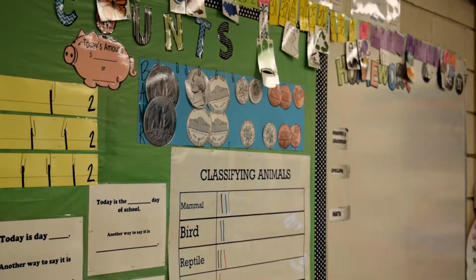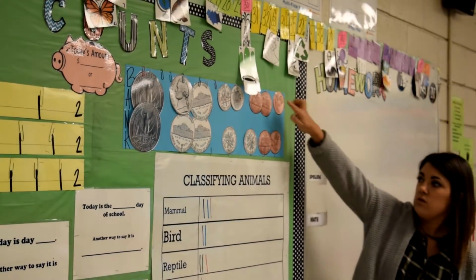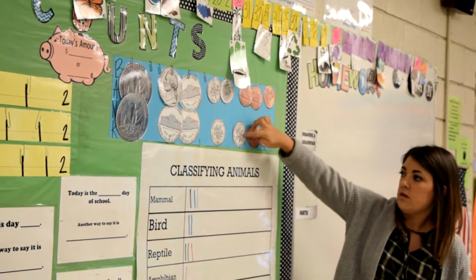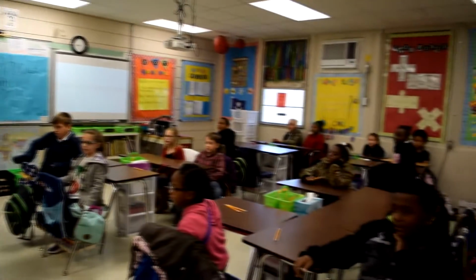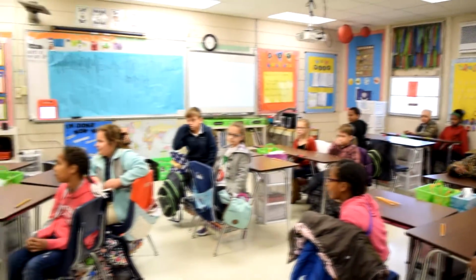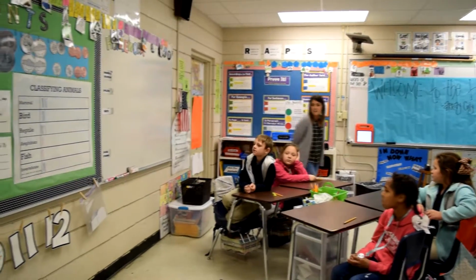Is she correct? Yes. Let's count our coins in the bank today. You ready? 1, 2, 3, 4, 5, 6, 7, 8, 9, 10, 11, 12, 13, 14, 15. Very good job. 5/15 are our coins or pennies today. Thank you, Peyton. You can have a seat.